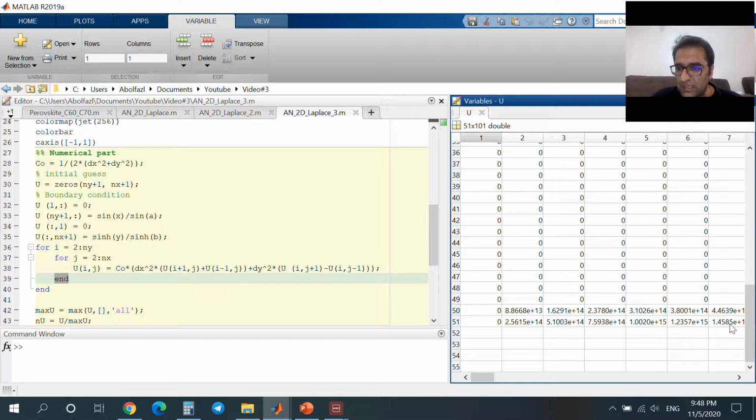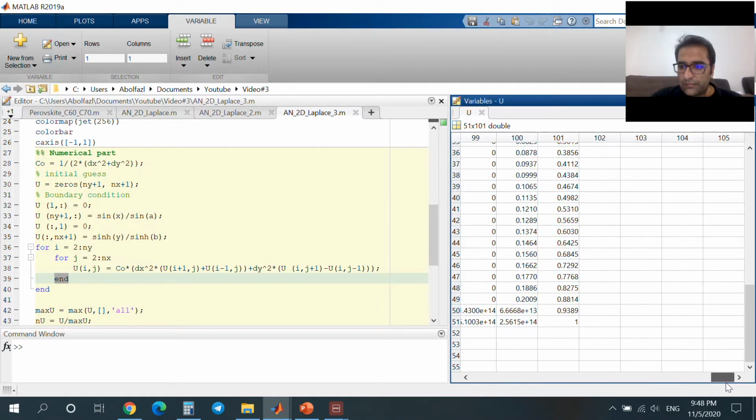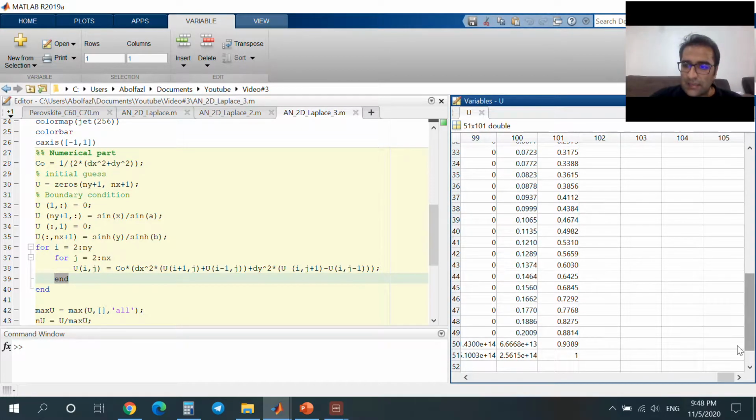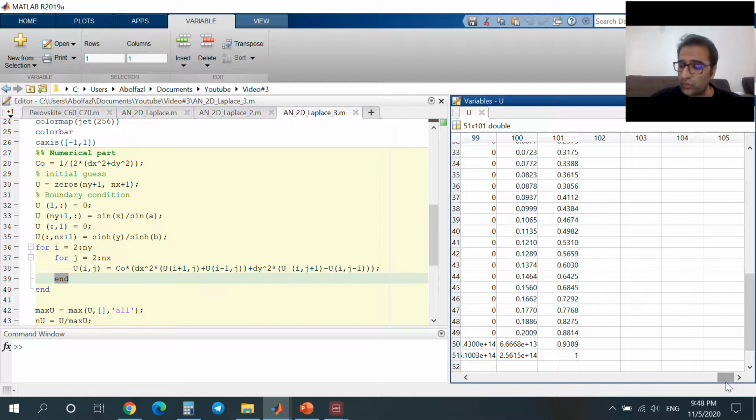This is the boundary condition at the upper boundary. This is the boundary condition at the right boundary, you see? And if you look here, we have a solution only for the row just before the boundary condition, and also a column before the right boundary condition.